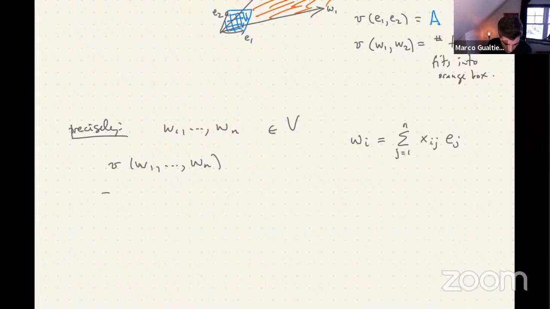Okay, and then this will be given by this. So I've replaced now W1 with its expansion in terms of the basis. And each one of them is going to be expanded.